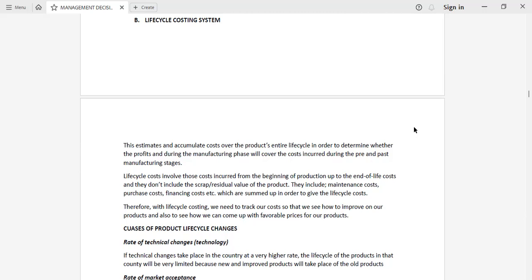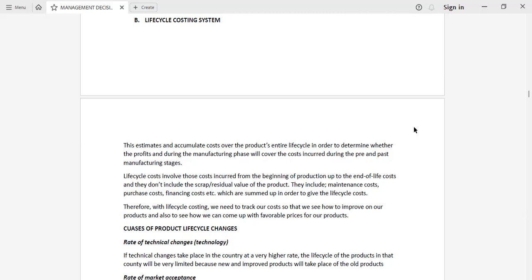In other words, with life cycle costing, we are trying to trace the costs incurred on a product throughout its entire life cycle.